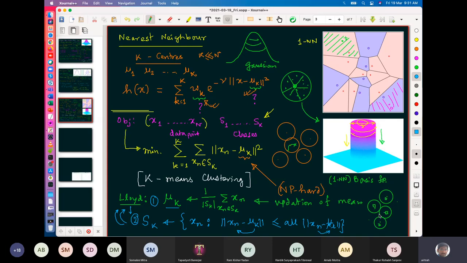However, you will go down to a local minimum rather than a global minimum due to the NP hardness inherent in this problem. So you can easily see how the Gaussian model also comes in to cluster, or to do unsupervised learning as well.